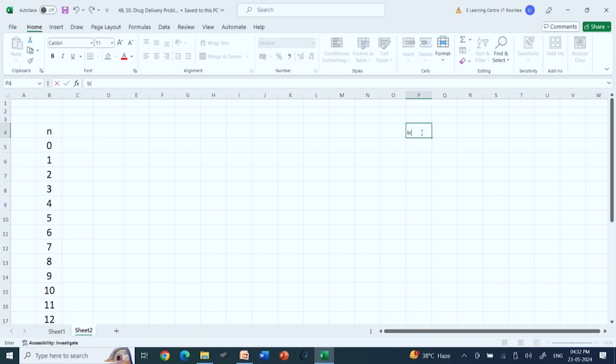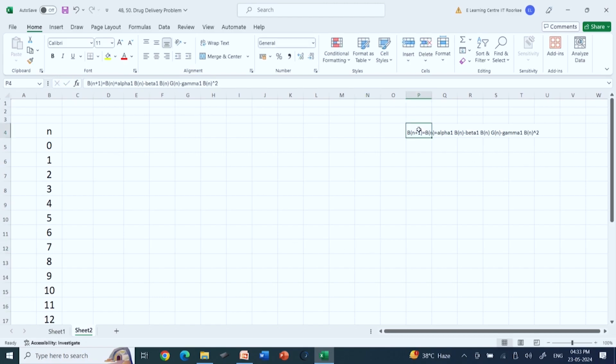You have B n plus 1 which is equal to Bn plus alpha 1 into Bn minus beta 1 into Bn into Gn and minus gamma 1 into Bn square.